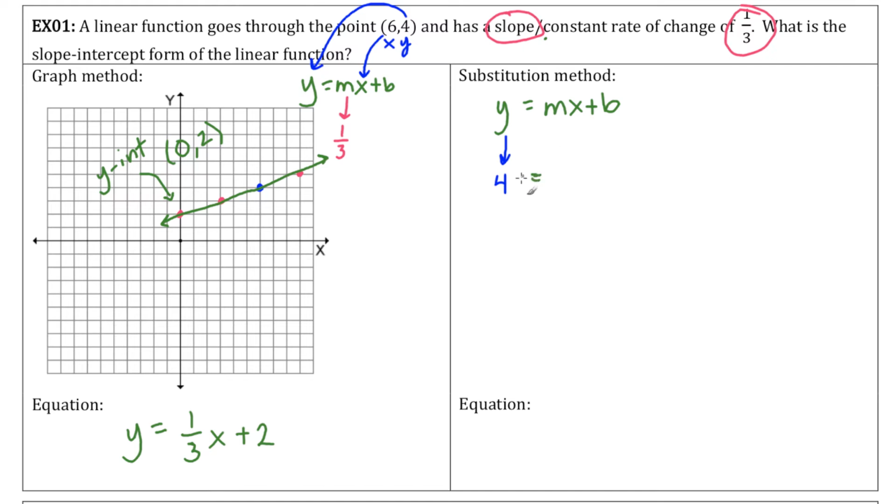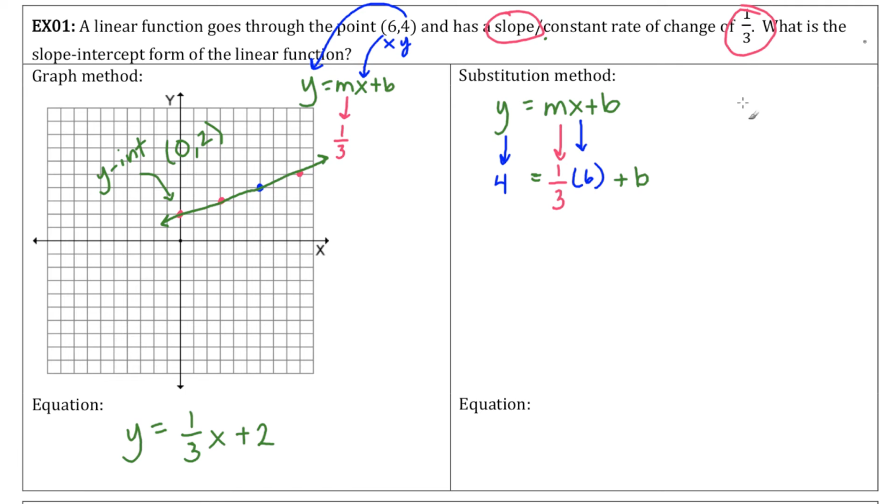Equals, before I get to the x, the m, remember, is the slope. So that's 1 over 3. And then the x that it gave me was the 6. And then I have plus b. And then I just solve for b.